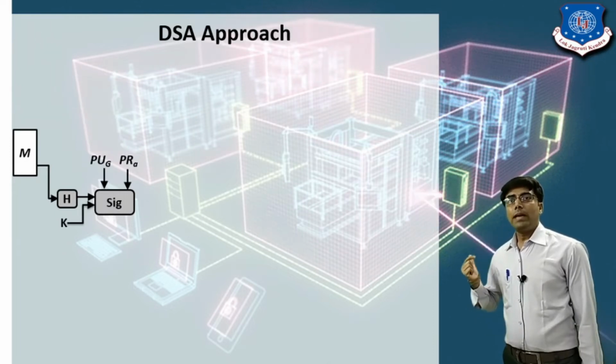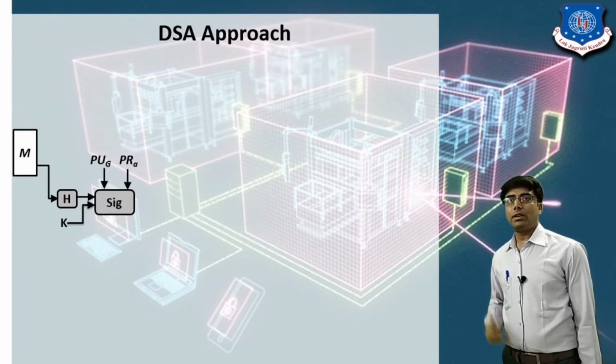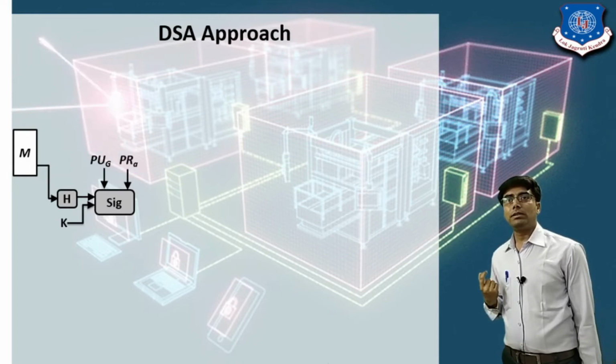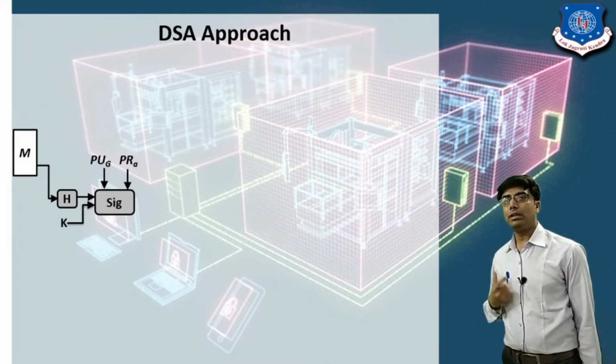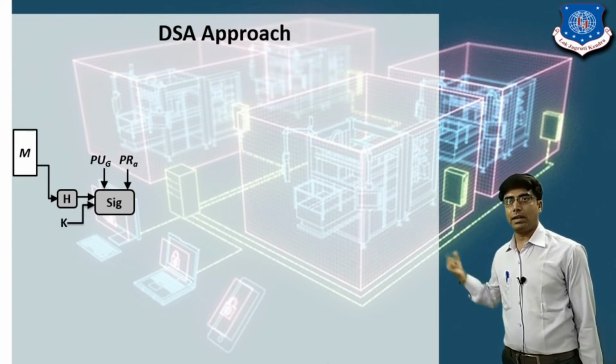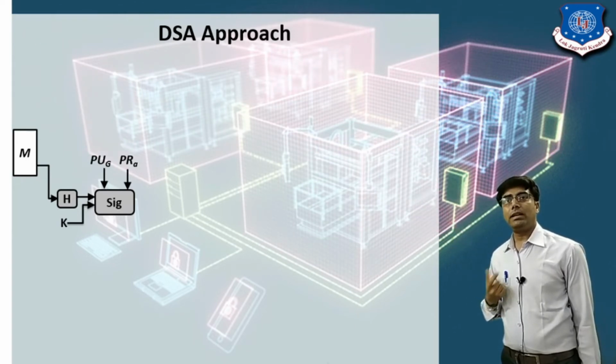Now we apply the signature function along with the random number key k, and the k is generated for this particular signature.